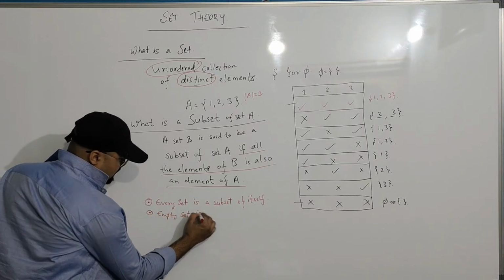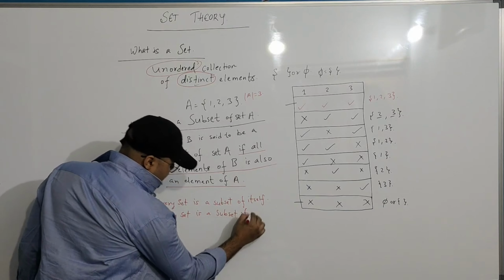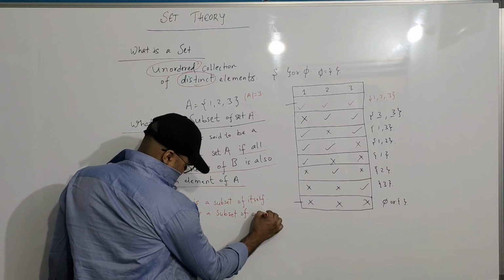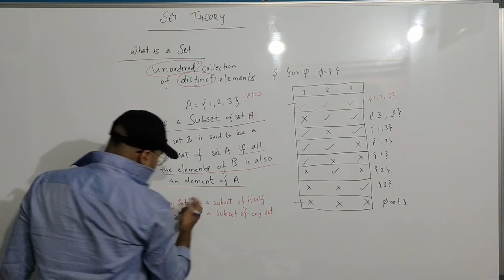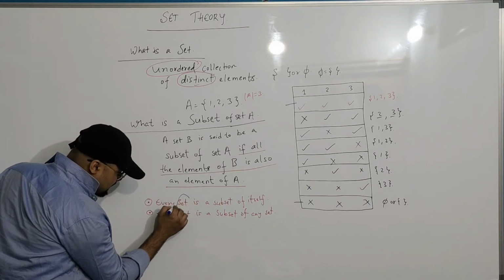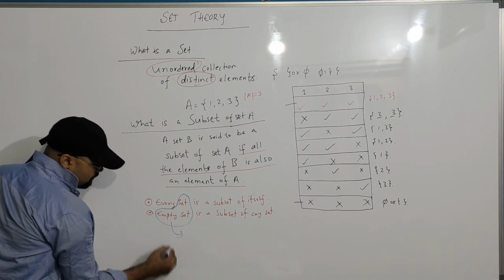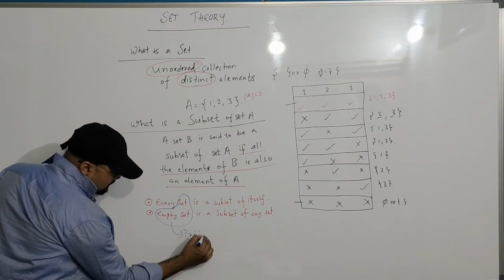The empty set is a subset of any set. For any given set, the set and the empty set, these two are trivial subsets.